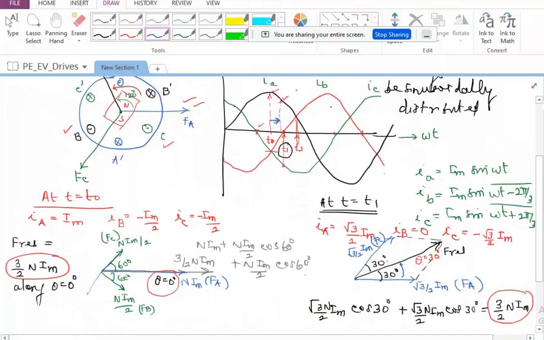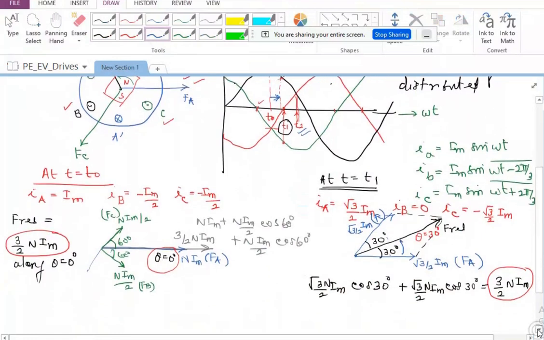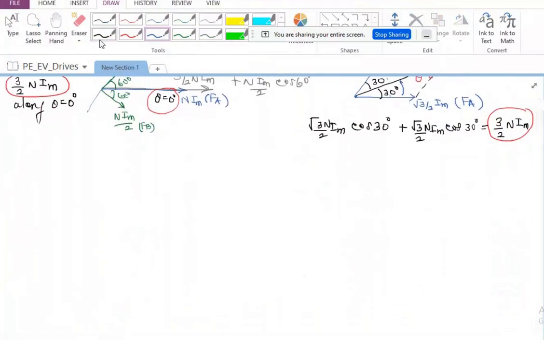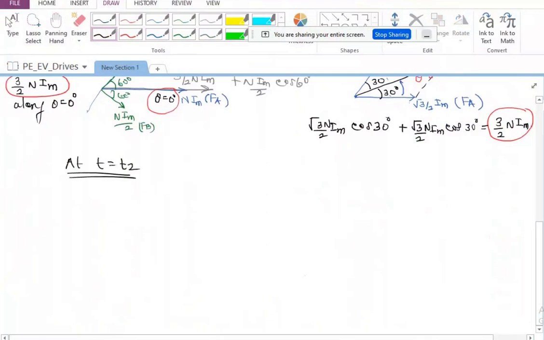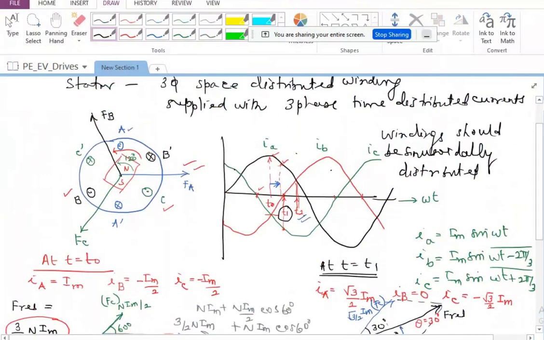Now let us look at what happens at t equal to T2. Let me try to draw that clearly. At t equal to T2, you can see very clearly that these two are at the 30 degree point, or from the 0 crossing, this is 30 degrees away.